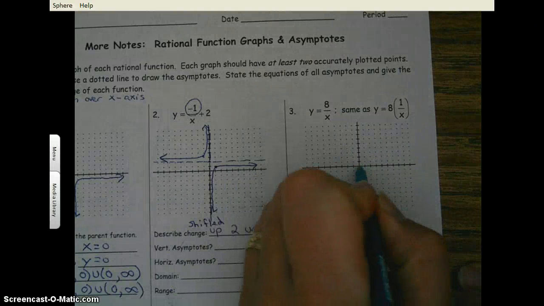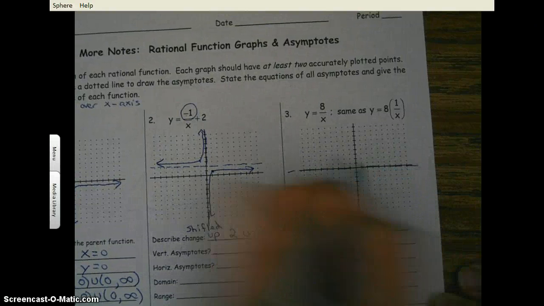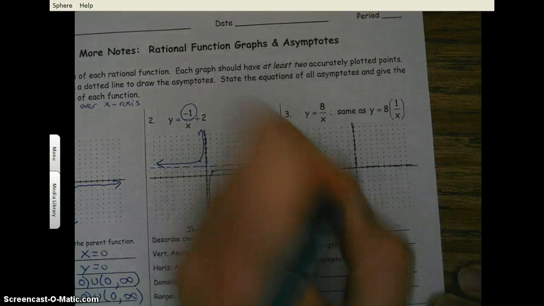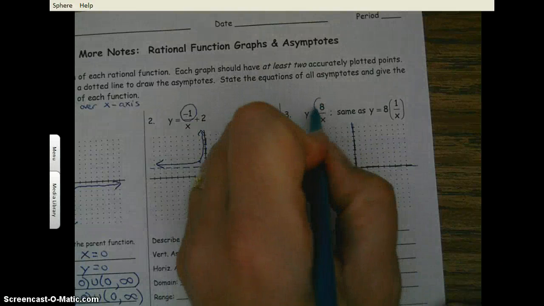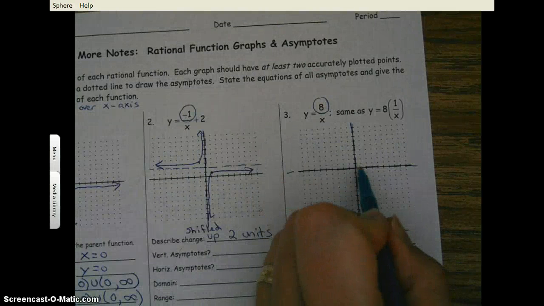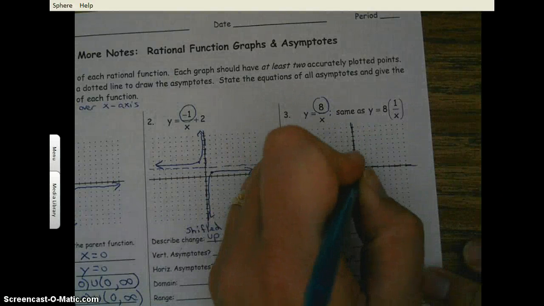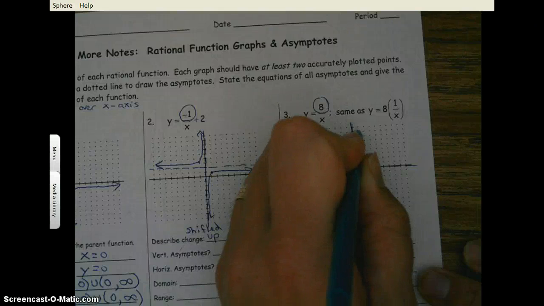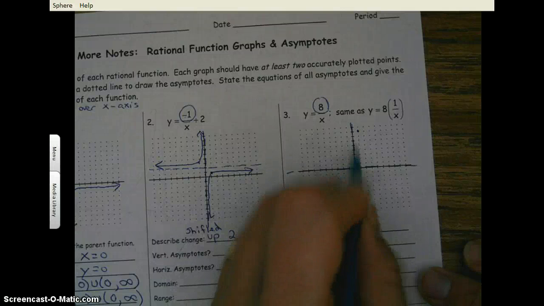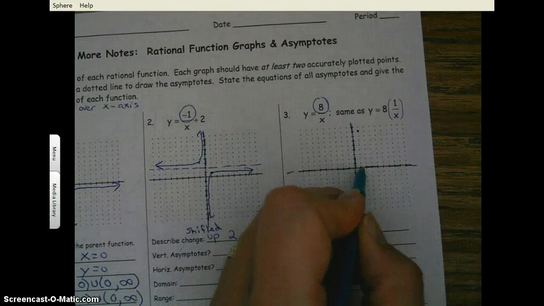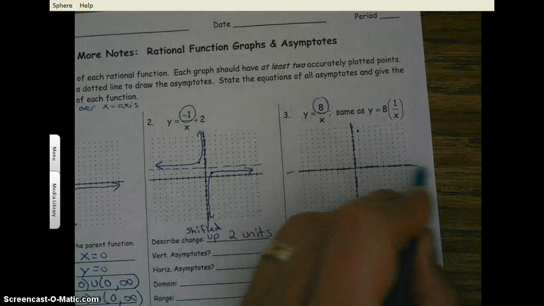So our starting point, our 0, 0, stays the same on this one. But our A value is 8. So starting in the center, we go over 1. It's positive 8, so we go up 8. Now, it's an inverse variation, so as x gets bigger, y is going to get smaller.